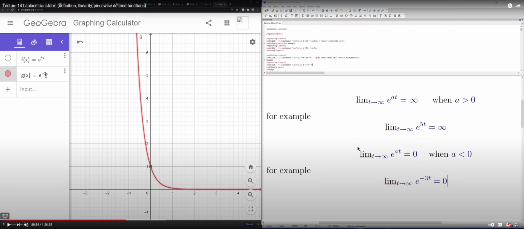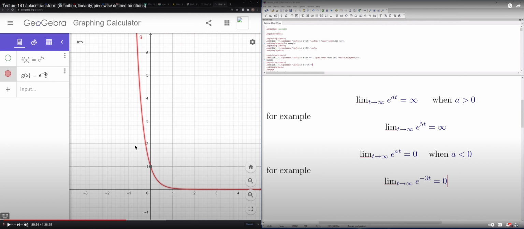More generally, if I take the limit of an exponential function e to the at, where your coefficient a is now negative, then the limit as t goes to infinity is going to be equal to 0. You just saw an example of this general statement, in the case when a is equal to minus 3.